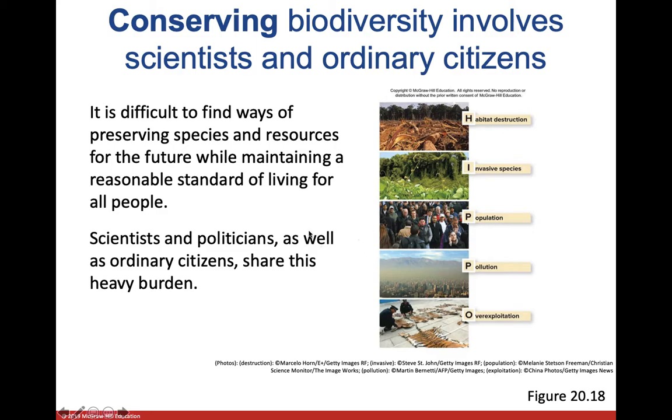So it's really interesting to figure out how to deal with preserving biodiversity. If it's going to be on a political level, a citizen level, and all of these ways to legislate this, it's very difficult to figure out how to handle this.